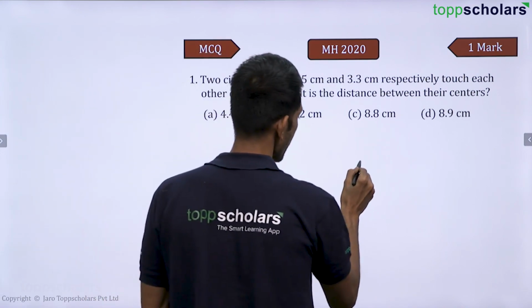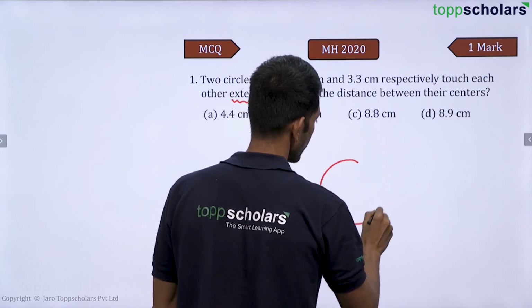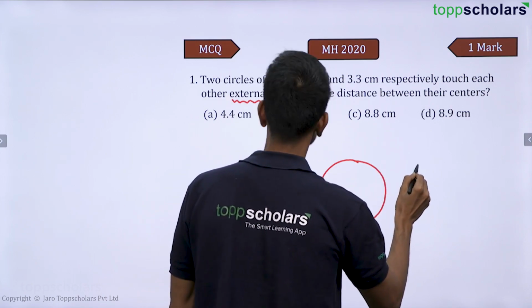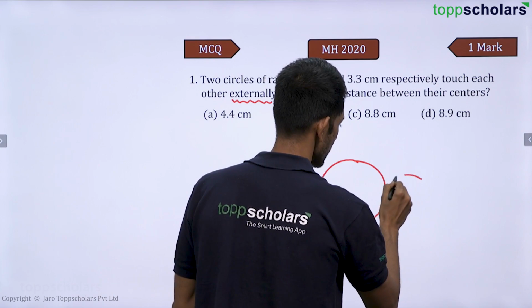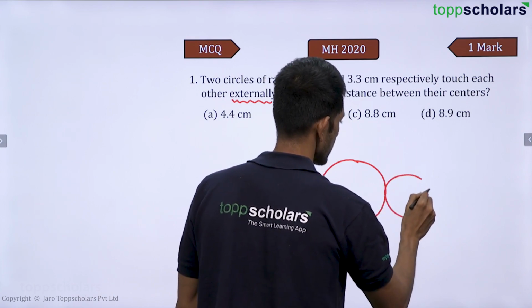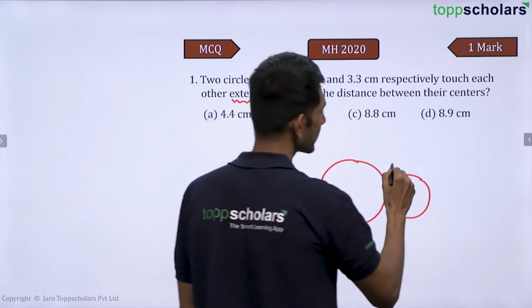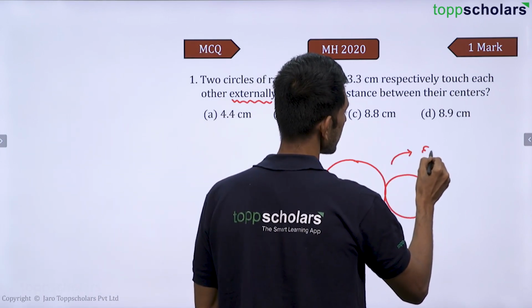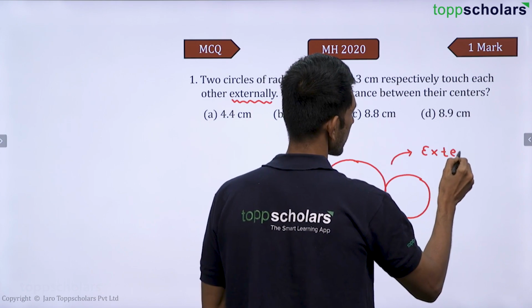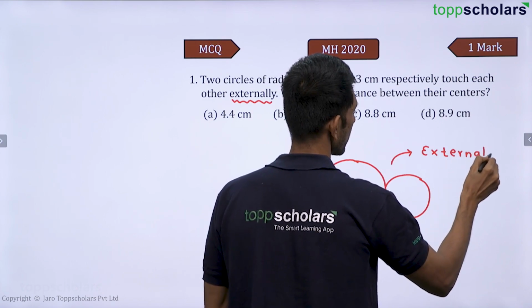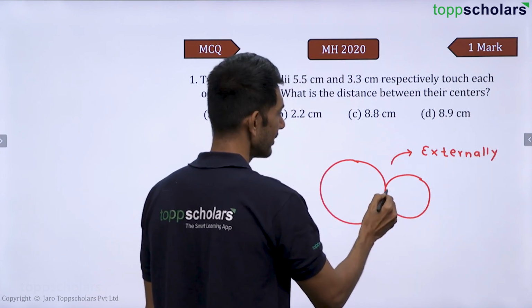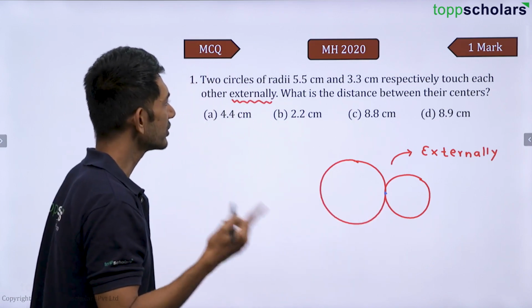So can I say I have 2 circles like this, they touch externally. So this is externally touching circles. They touch over here. What is the distance between their centers?